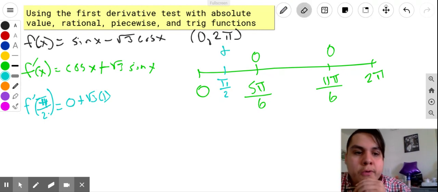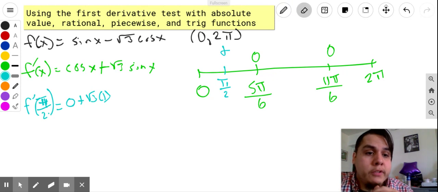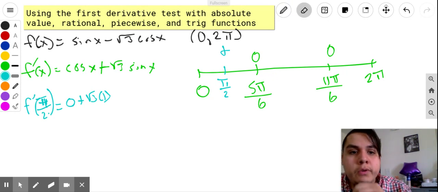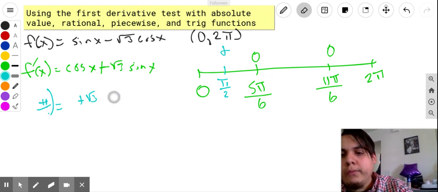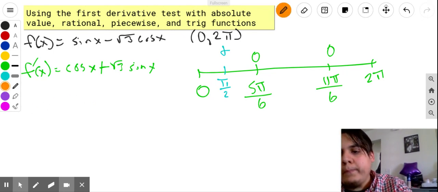And I want to use another instance where I have a 1 or a 0, so I'm going to use pi. So replace this, instead of pi over 2, change it up to a pi.